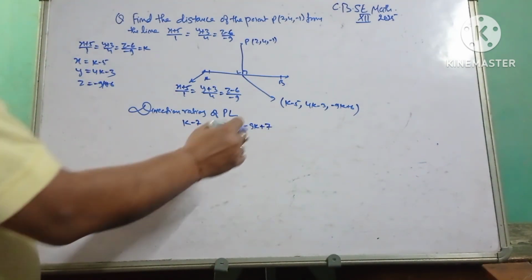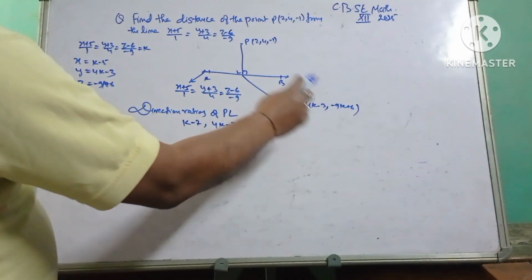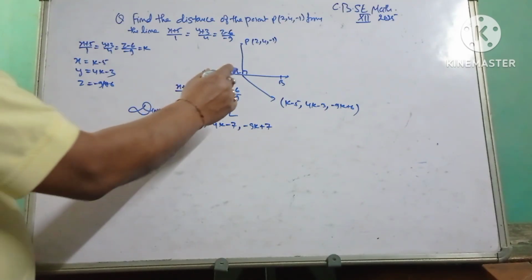So your direction ratios of PL will be this minus this, and this minus this.